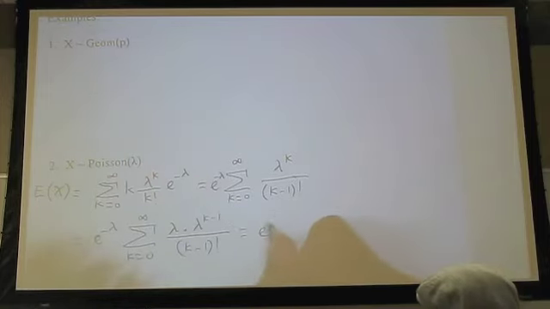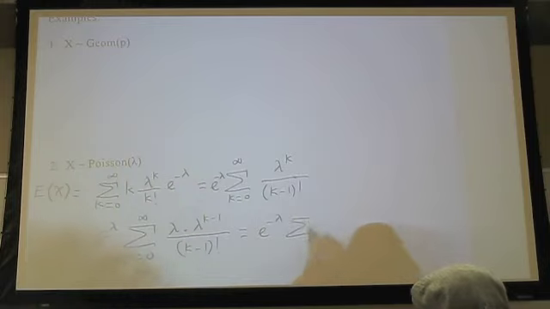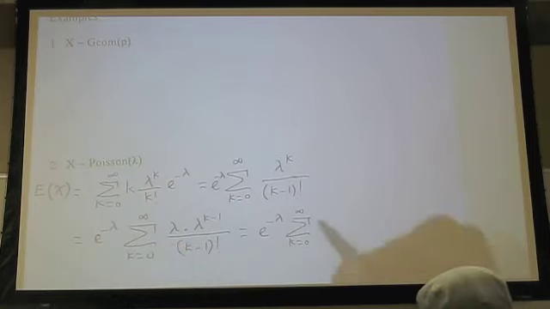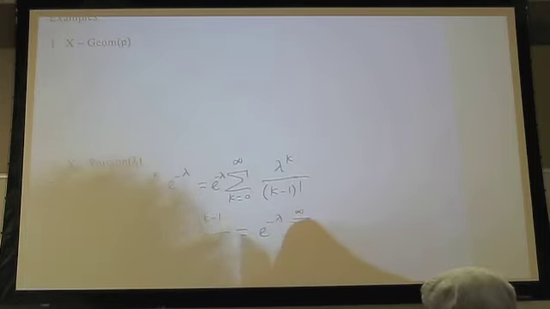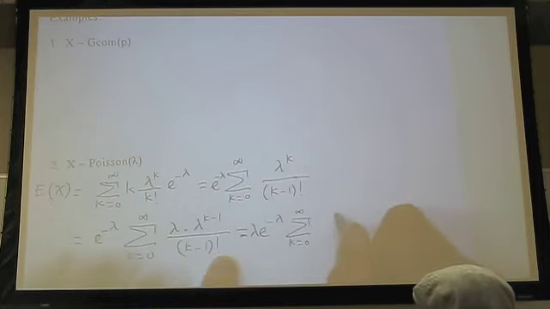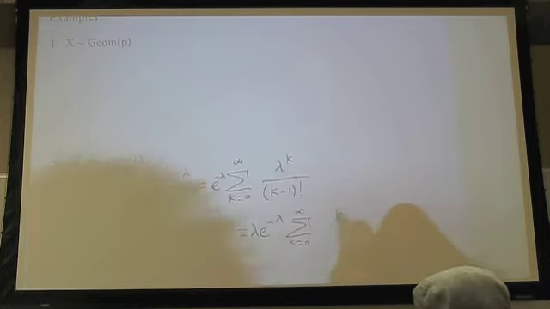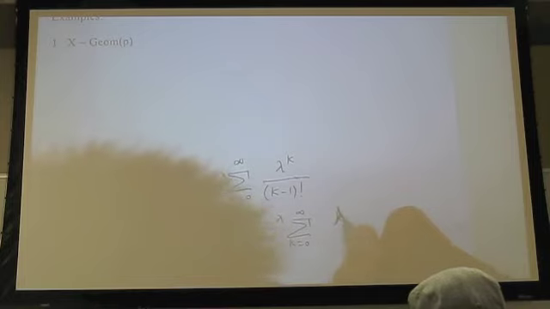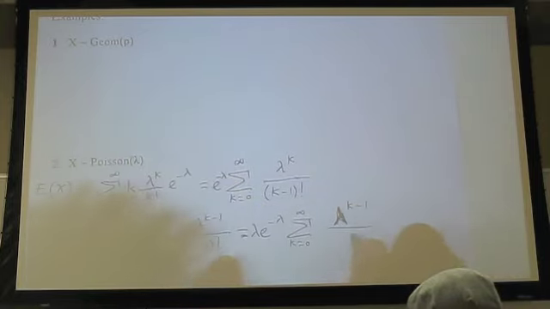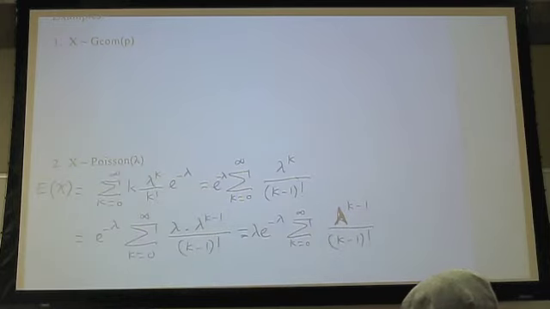Then lambda is independent of everything, so I'm going to move the lambda up front as well. And then this thing is lambda to the k minus 1 divided by k minus 1 factorial. So far so good?